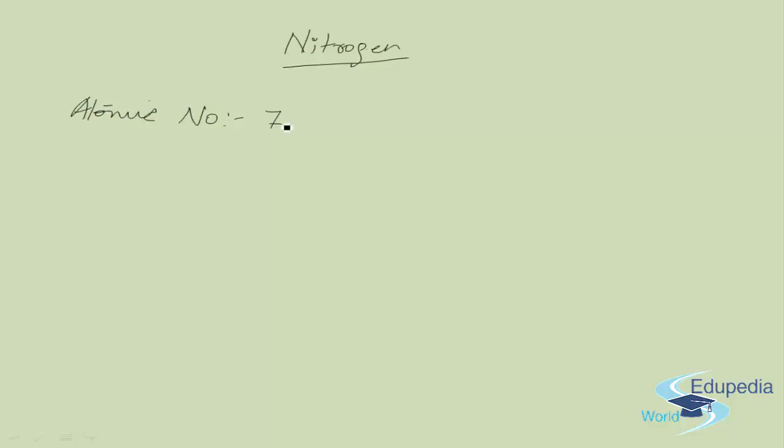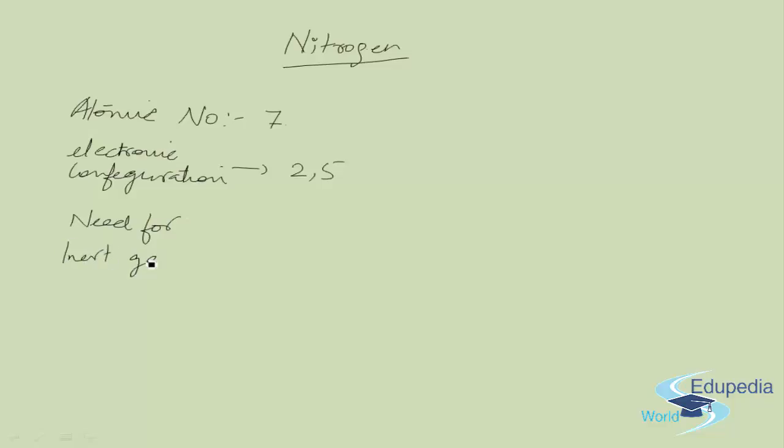It's 7, and the electronic configuration is 2, 5. So for inert gas configuration, how much does it need? 3, right?